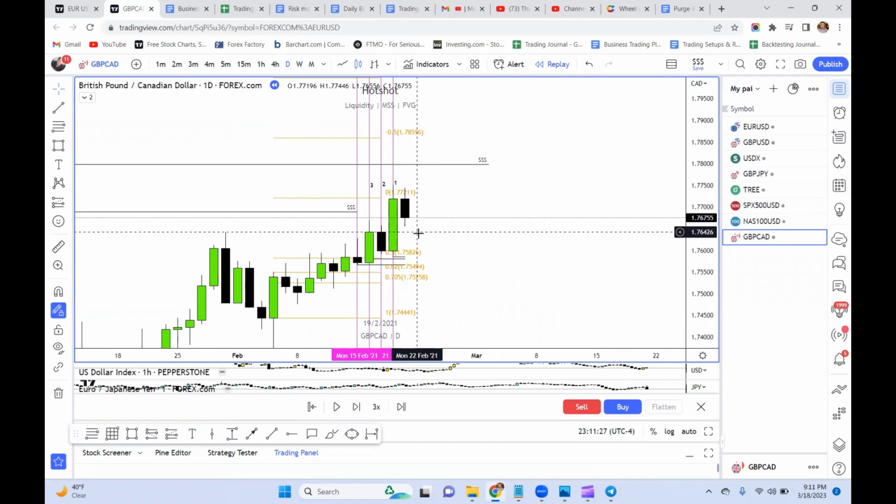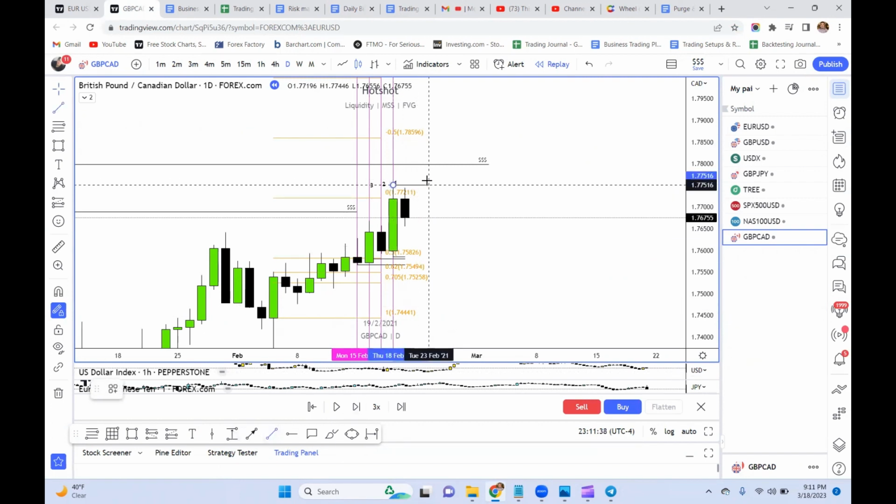This will be the Judas swing, aka manipulation, where longs will be accumulated for price to then expand and take out this daily candle's high as well as this daily candle's high. And it can expand where it can distribute out of the longs, and then price will potentially close up here.